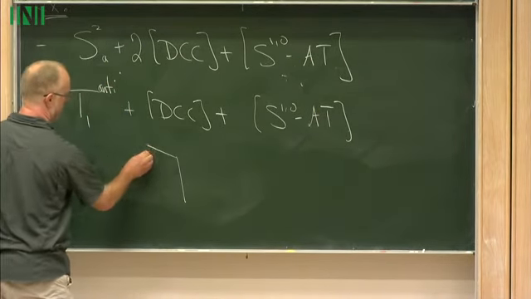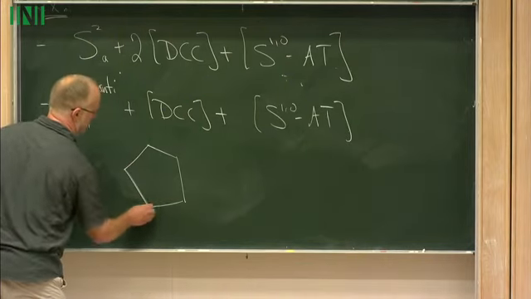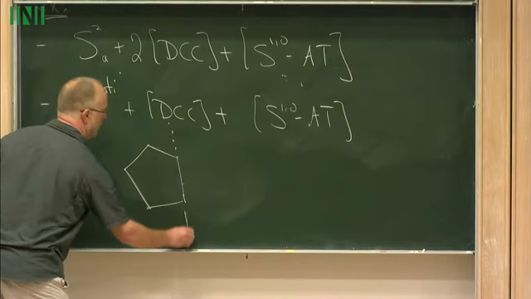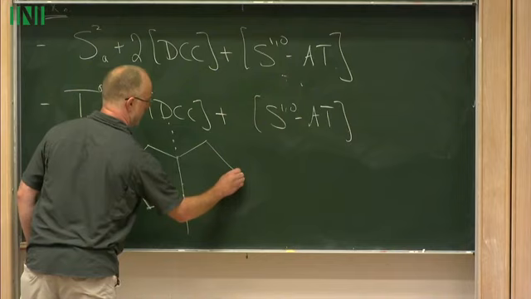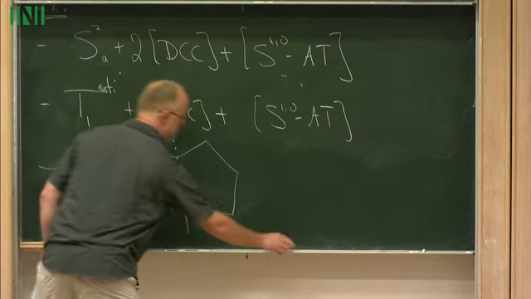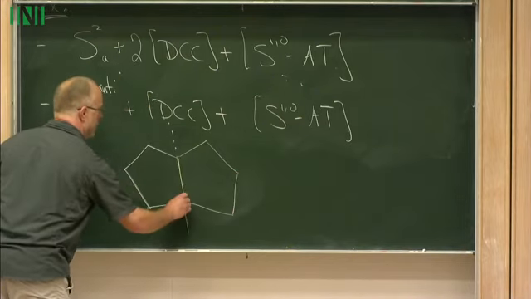So you take 2 pentagons, put that in color because we're going to be reflecting.